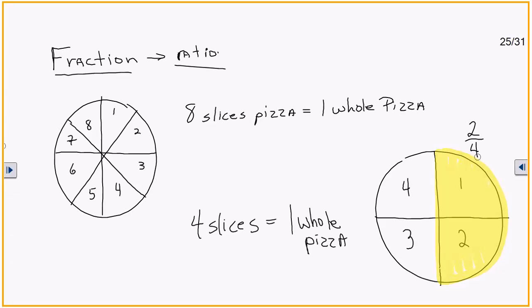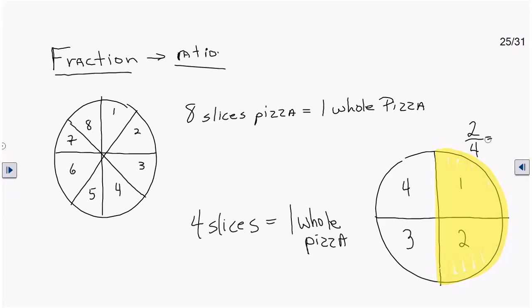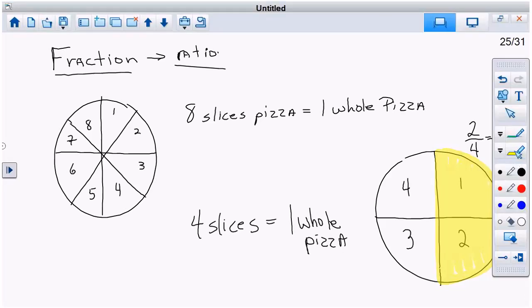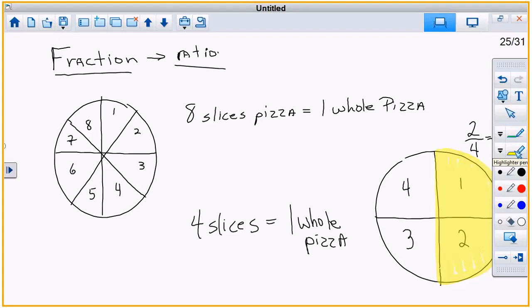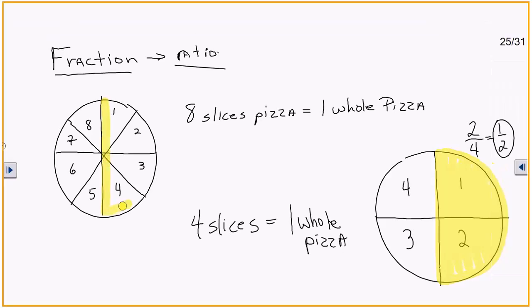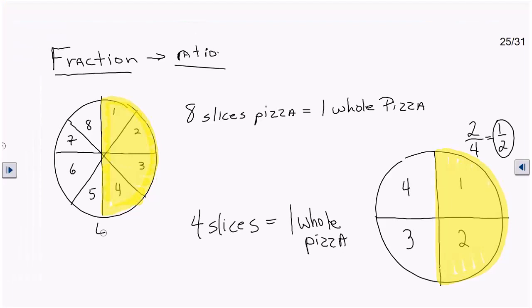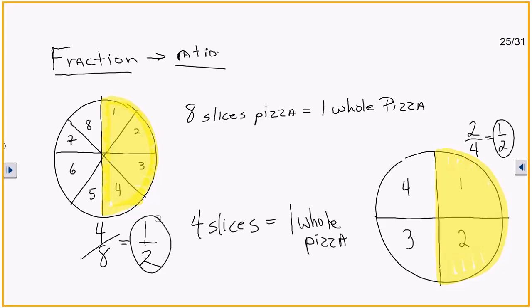I've eaten half the pizza. Let's go over here and highlight half the pizza. So over here, how many pieces did I eat? I ate 4 pieces. 4 pieces out of 8 is equal to half the pizza.